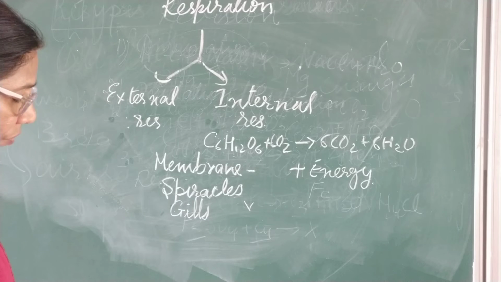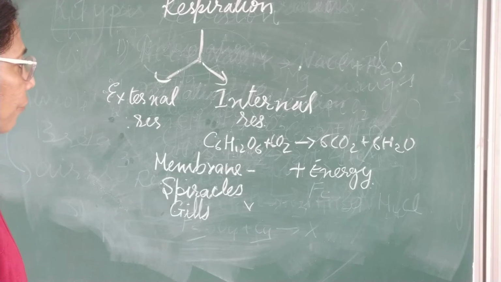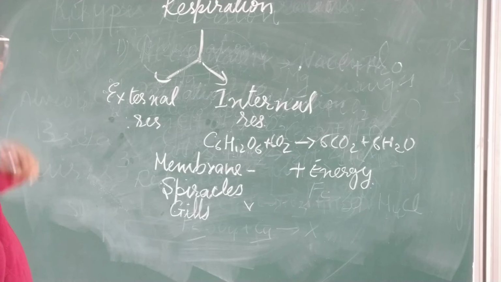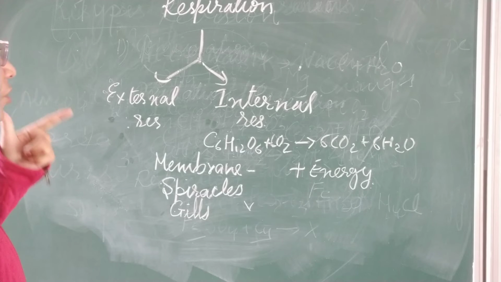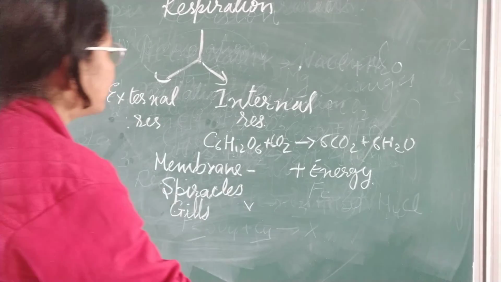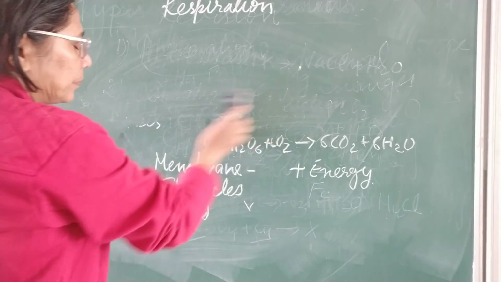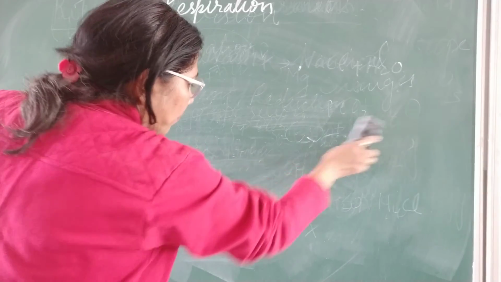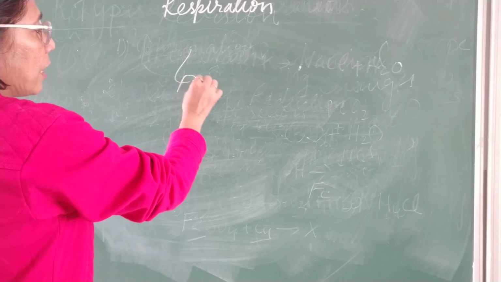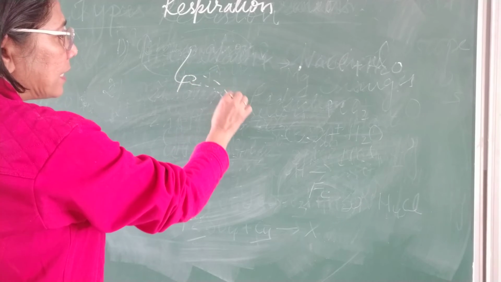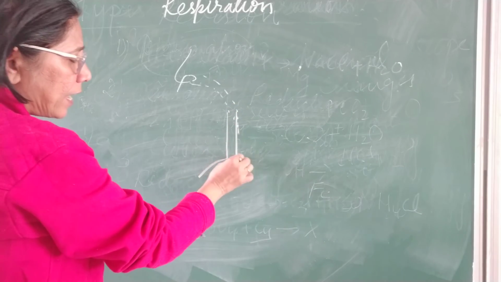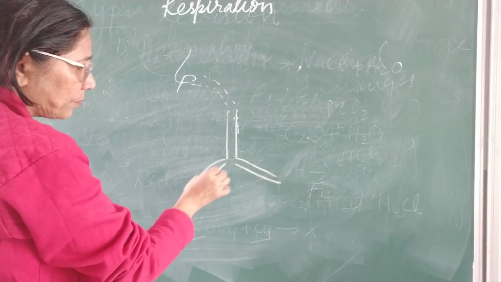And in human beings, for respiration we have lungs and a proper respiratory system. We breathe through our nostrils. I am going to tell you the human respiratory system. Air goes from the nose to the nasal passages, from the nasal passage to the trachea, and from the trachea to the bronchi.